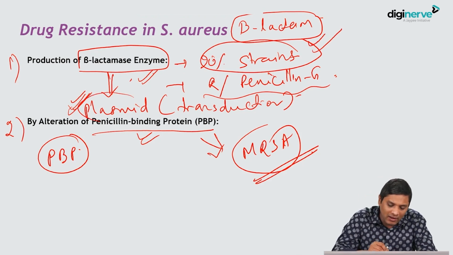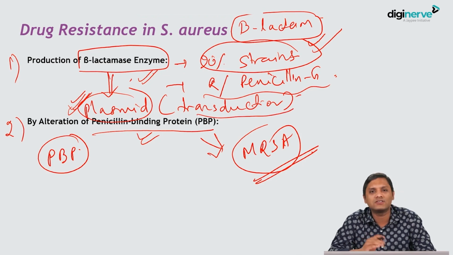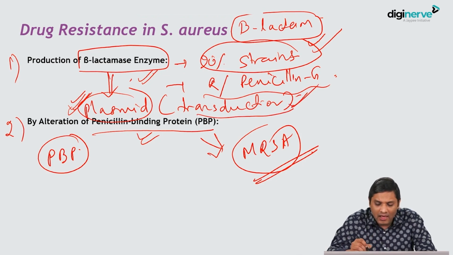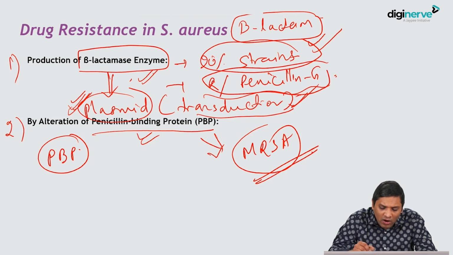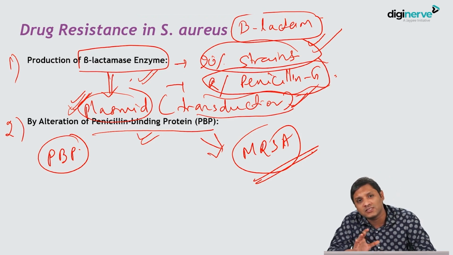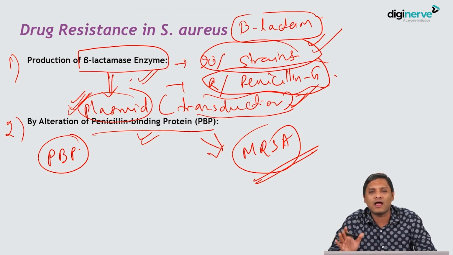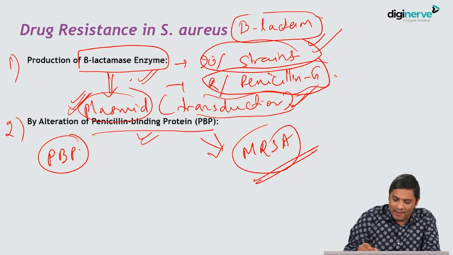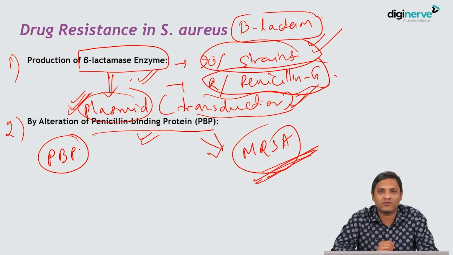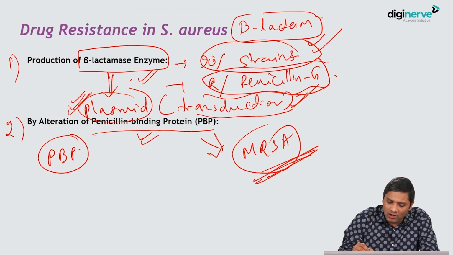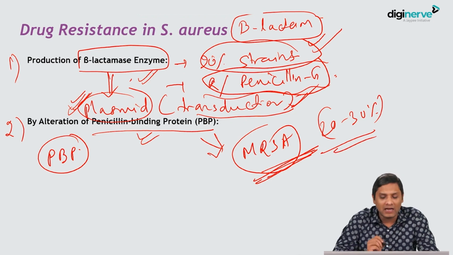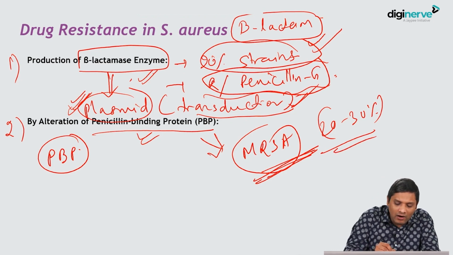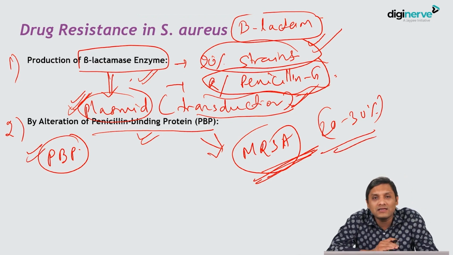This is coded by plasmid, transferred from one cell to another by transduction, and they will be resistant only to penicillin, but susceptible to cloxacillin and other anti-staphylococcal penicillins. Whereas MRSA, which may be around 20 to 30% of Staph aureus, is due to an alteration of penicillin binding protein.